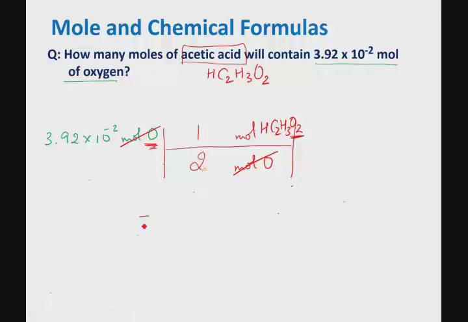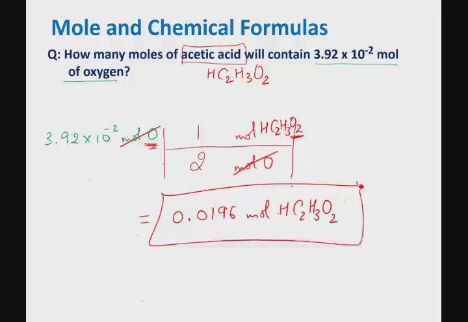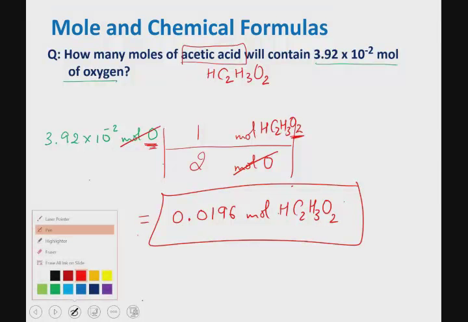If you solve this problem, the answer comes out to be 0.0196 moles of acetic acid. Please make sure that the answer is in correct number of significant figures, and it seems like it is, so it's done.